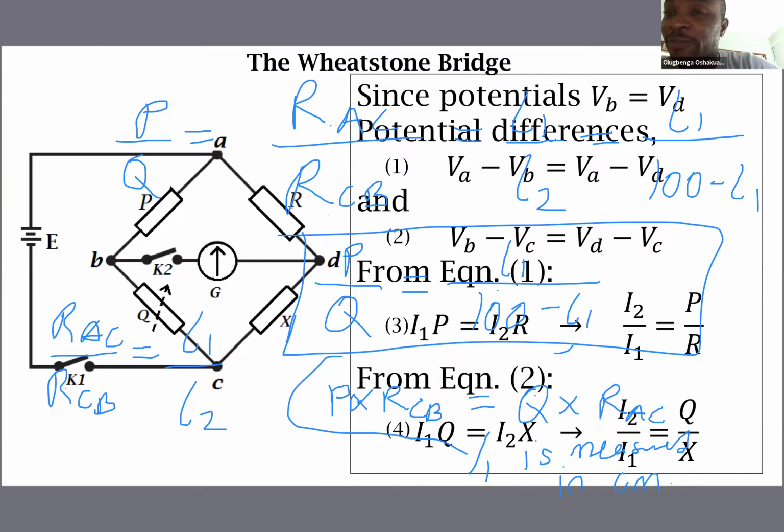What do we intend to achieve by setting up the meter bridge? What we intend to achieve is to determine the value of an unknown resistance.